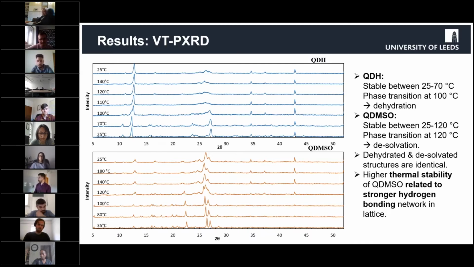And basically this means that in order to desolvate the structure, a higher amount of energy needs to go into the structure to break the stronger hydrogen bonds between the quercetin molecules and the solvent molecules. Therefore, this happens at a higher temperature.